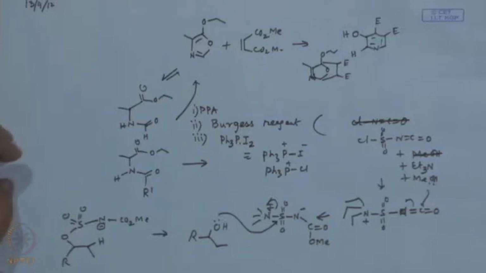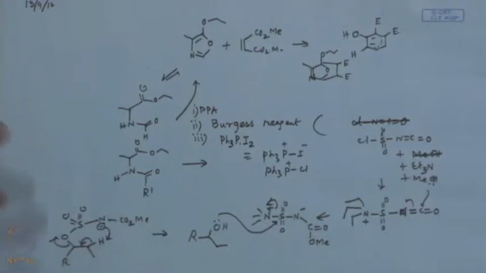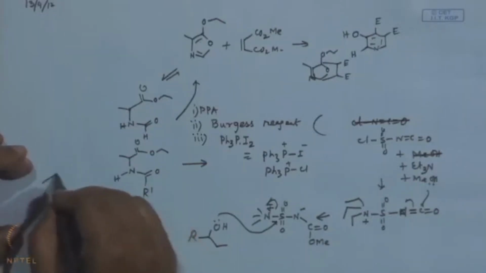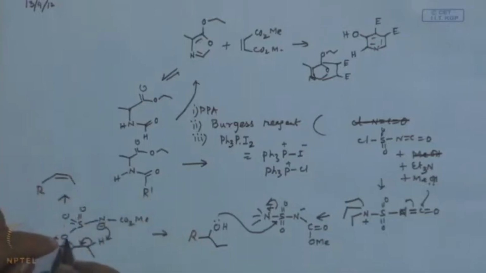So, what next? Basically, you will have this intramolecular hydrogen transfer or abstraction, and then a beta elimination process, and the sulfonate comes out, and eventually what you get is like this R here. This elimination of oxygen and hydrogen takes place in cis fashion, syn elimination.